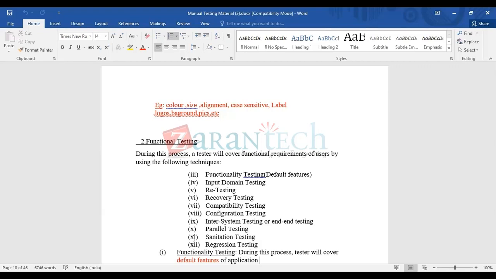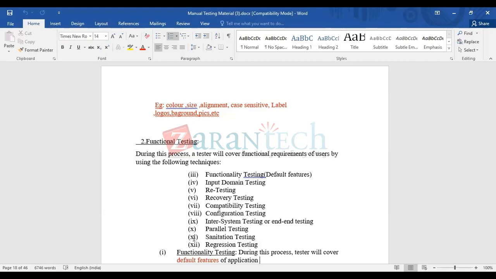To combine all verified components. All components must be integrated. Why? The manager is integrating to identify the interface problems. Maybe X application is working properly when it has merged with Y application.